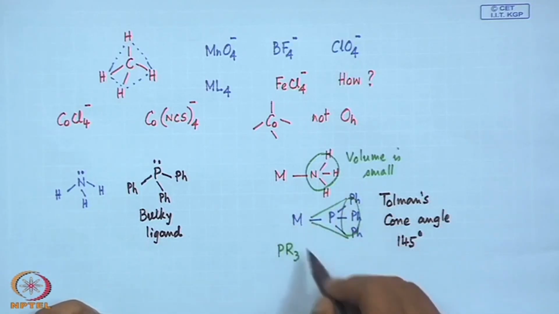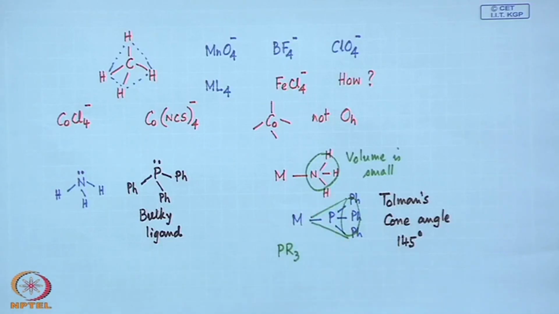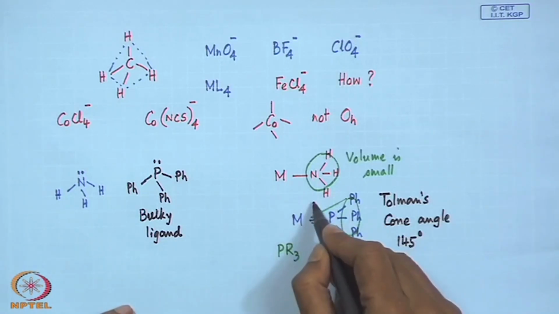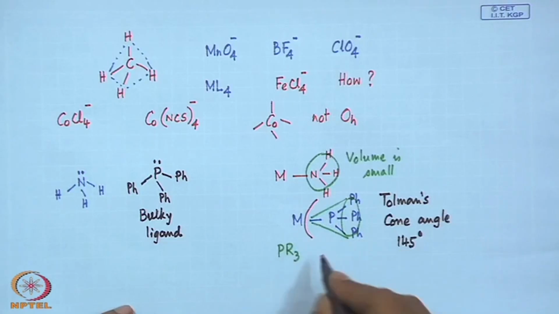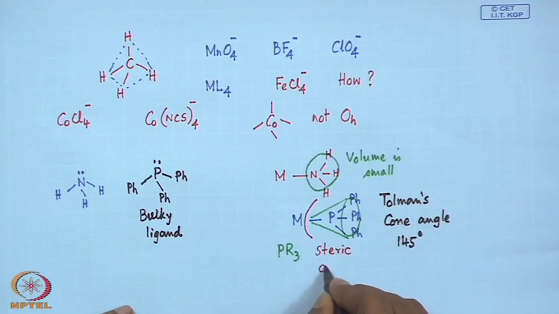So, by changing this particular cone angle, we are basically blocking this particular site. That means this can give rise to some amount of steric crowding.